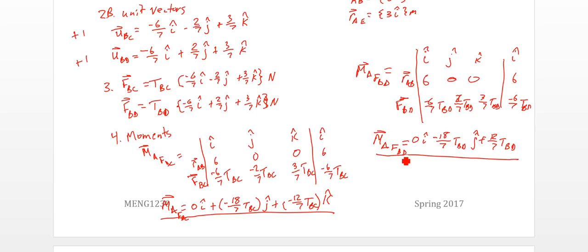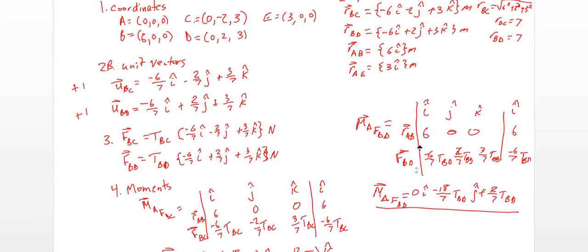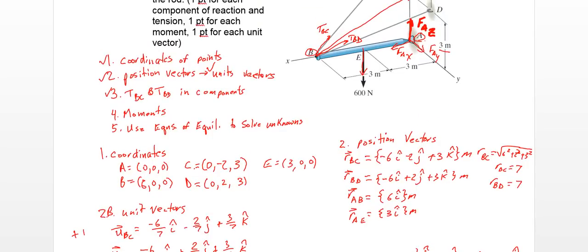And then finally, we can probably just visualize this last one. We have 3 meters times our 600 newtons. I'm putting up my hand here, imagine that. My fingers are pointing towards the x-axis in the direction of AE, curling towards the negative z direction, and my thumb is pointing in the positive y direction. So that's going to give me a moment in the positive j direction.